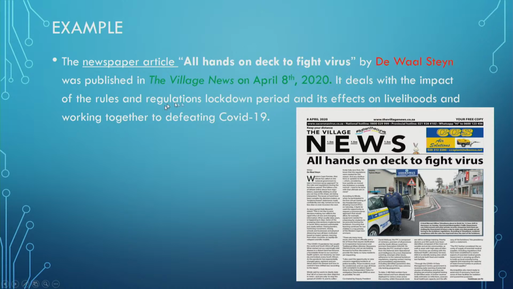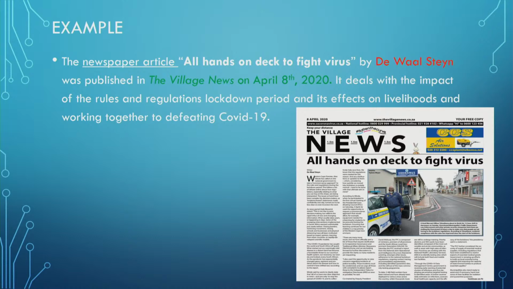Then now we move on to the topic. Here we're going to say it deals with the impact of the rules and regulations, lockdown period, and its effects on livelihoods and working together to defend COVID-19. So there you have your introductory sentence. The newspaper article, All Hands on Deck to Fight Virus by the Val Steyn, was published in the Village News on April 8, 2020.